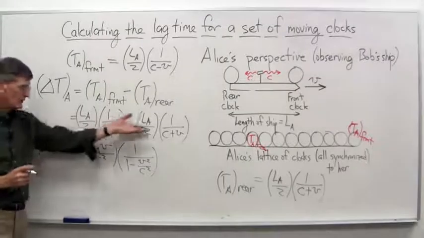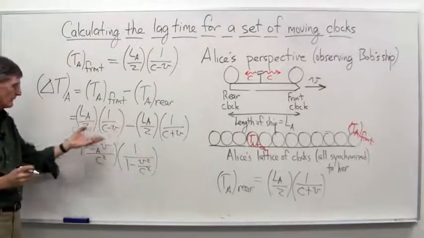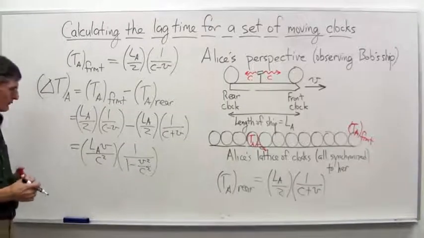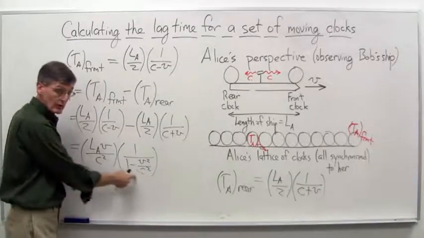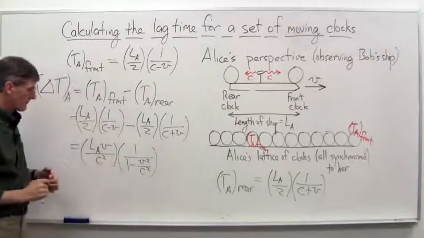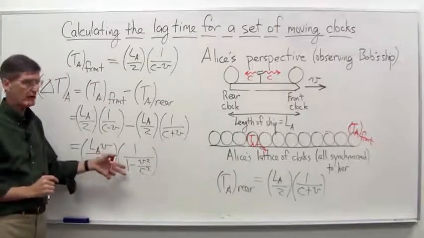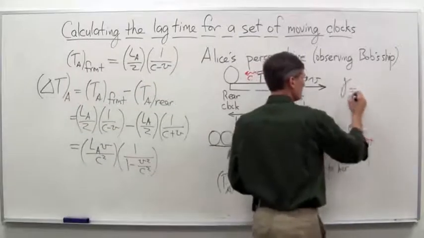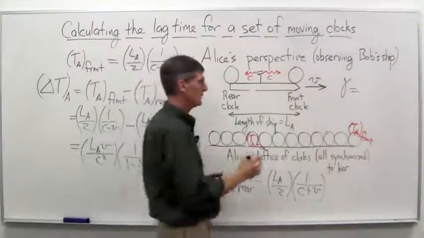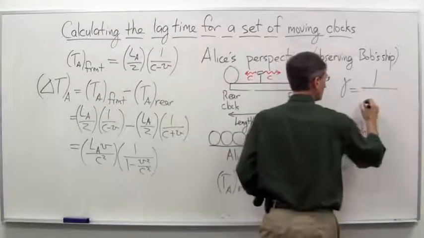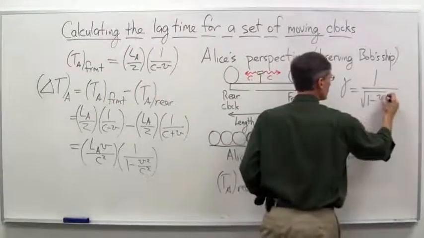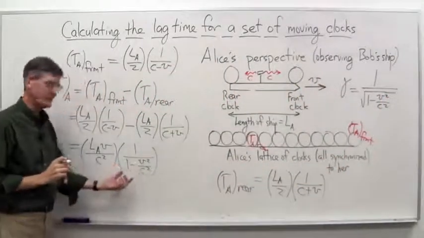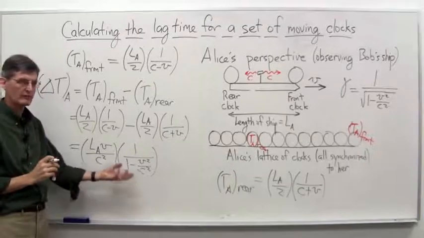So it takes about 1 or 2 lines to get from here to here. And you look at that a little bit and hopefully this term reminds us of something. In fact, that is simply gamma squared. Let's see, where should we write it? We'll write it over here. You should have this in your brains by now, but we'll write it one more time here. 1 over the square root of 1 minus V squared over C squared. In fact, that's why we put it in this form with the 1 minus V squared over C squared in the denominator.